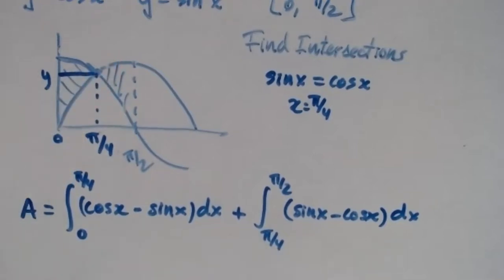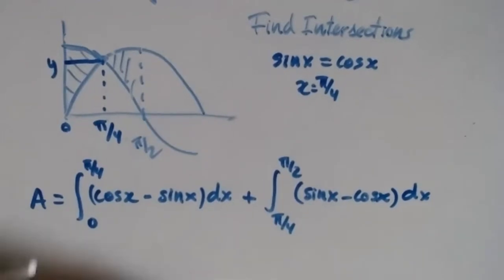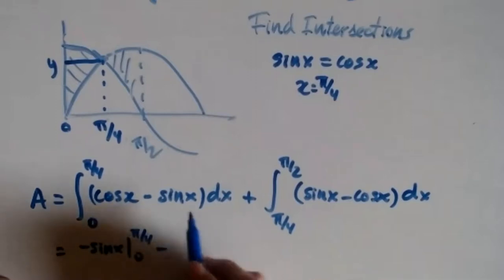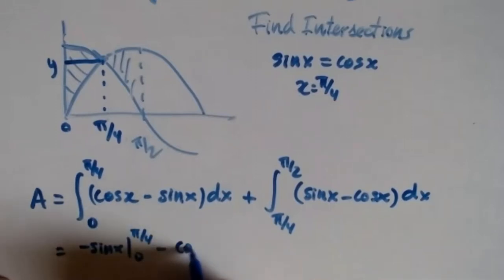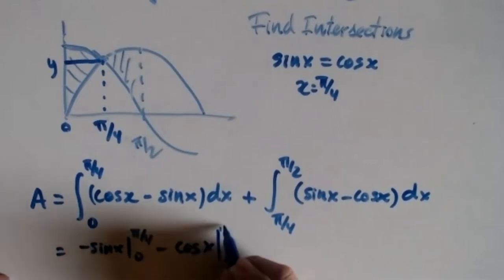Now, it's very simple. The antiderivative of cosine is sine, from 0 to pi over 4, minus the antiderivative of sine, which is negative cosine x, from 0 to pi over 4.